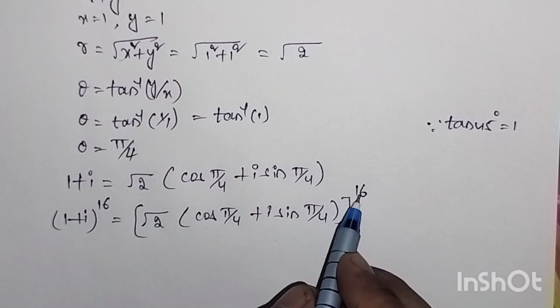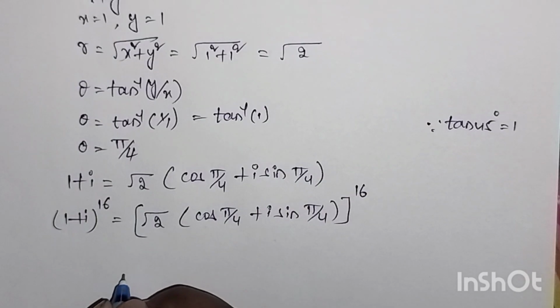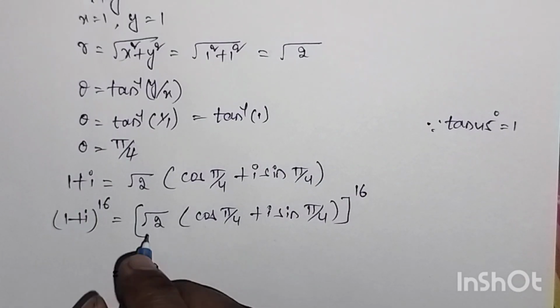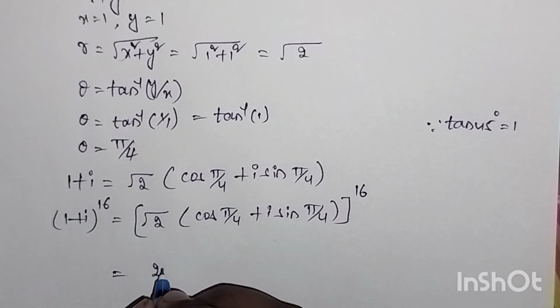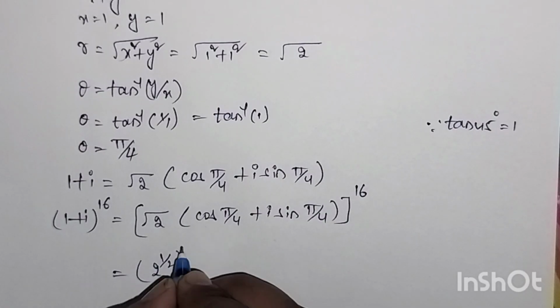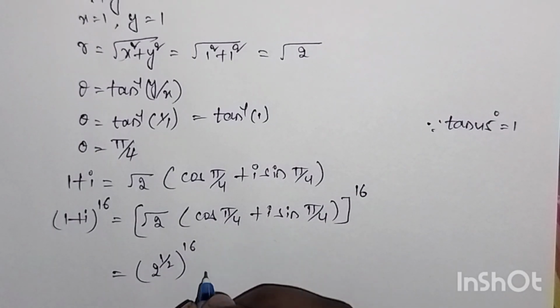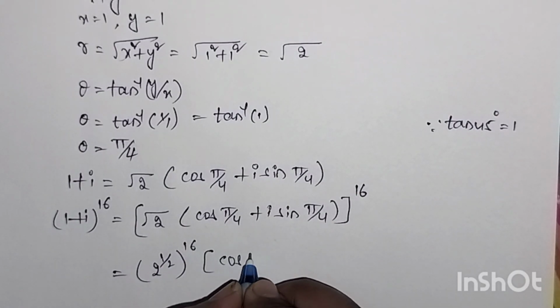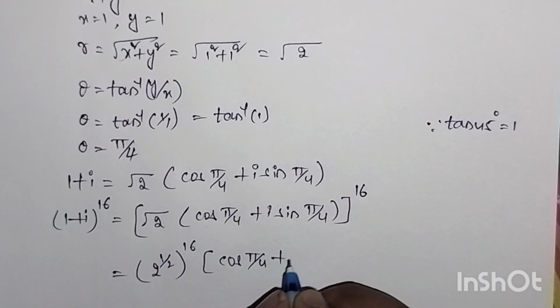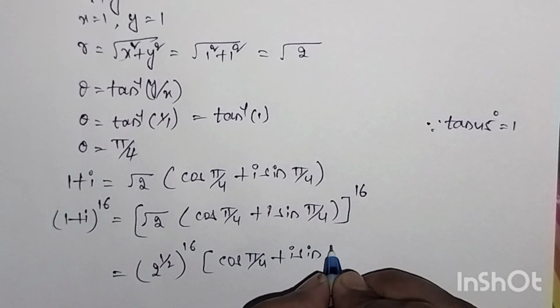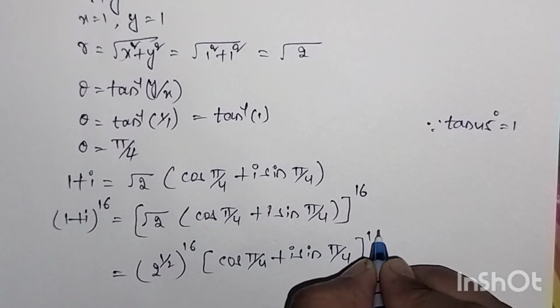So apply the power to root 2. Square root I am writing as 2 power 1 by 2, whole to the power 16, of cos pi by 4 plus i into sin pi by 4 whole to the power 16.